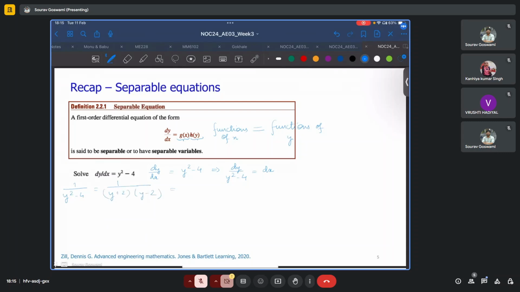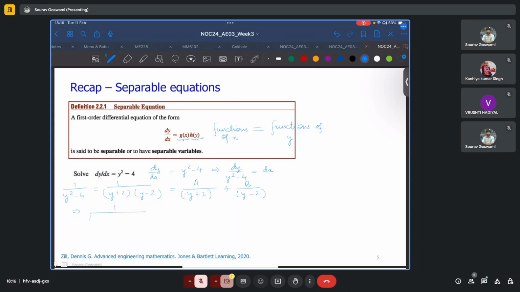And in fact, this can be factorized as some a times 1 by y plus 2 plus some b by y minus 2. And now let us try to find out what these coefficients a and b are. For that, we will just expand both sides.